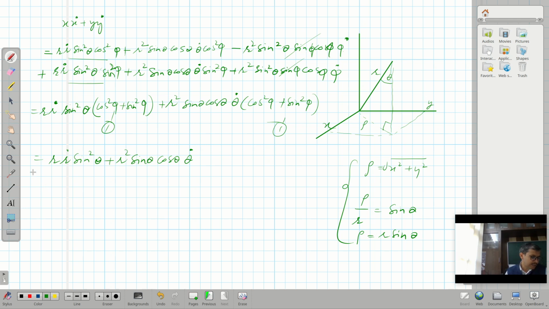So that means x dot is equal to r dot sine square theta plus r square sine theta cos theta theta dot. So let us take r sine theta outside. If I take r sine theta outside, inside it will be r dot sine theta plus r cos theta theta dot.